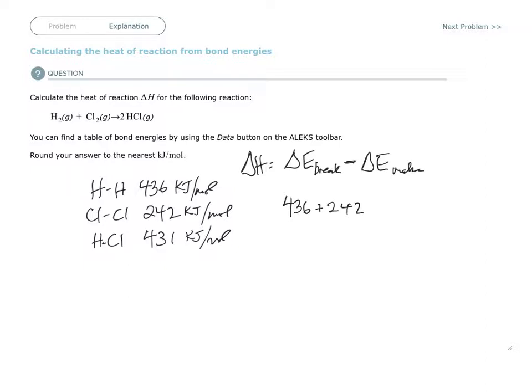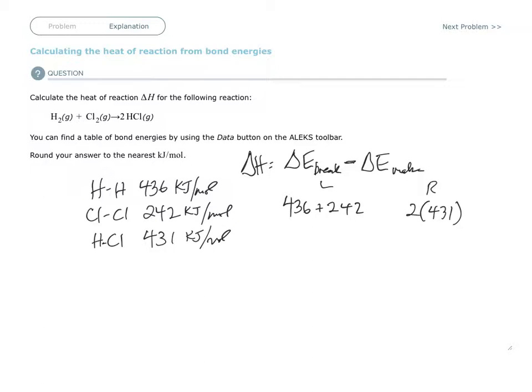And now what bonds do we need to release? On the right, what are we going to need to release? We need two bonds because it's two HCl's. So it's two bonds of the 431 kilojoules per mole.